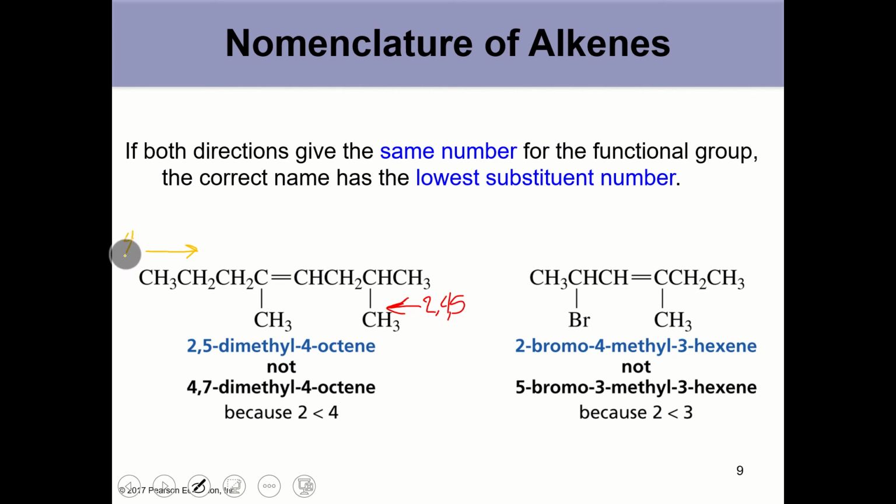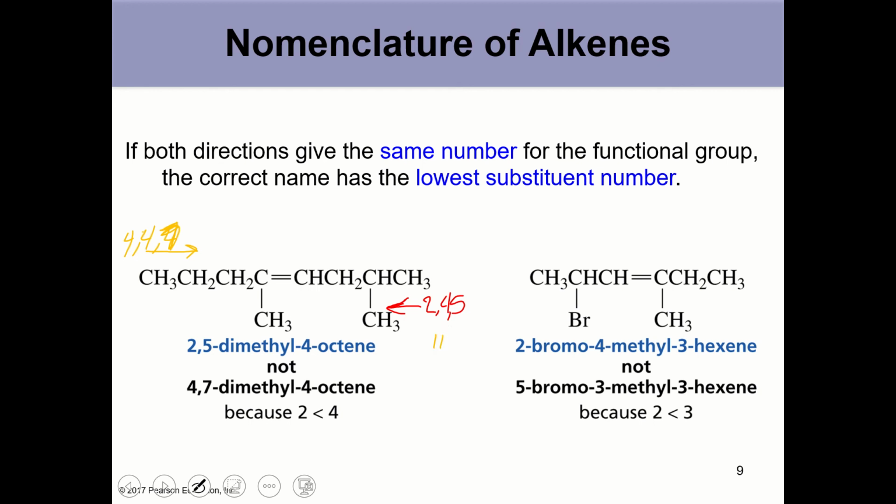So it would be 4, 4, 7. Because 2 is less than 4 and 5 is less than 7, the substituents should be labeled as 2, 4, 5. You can also do this by adding the numbers together.